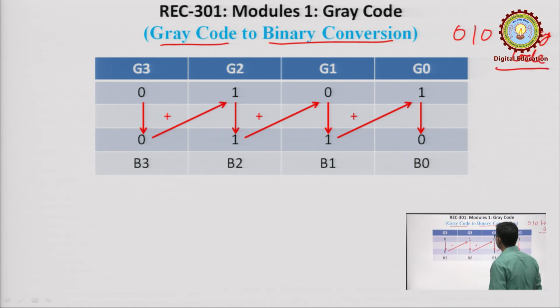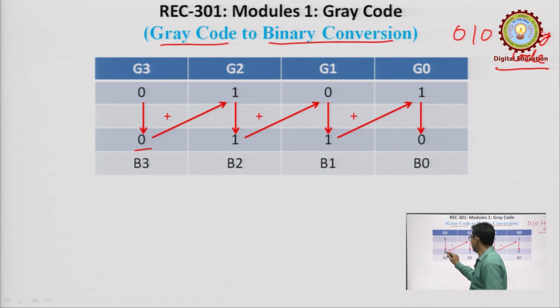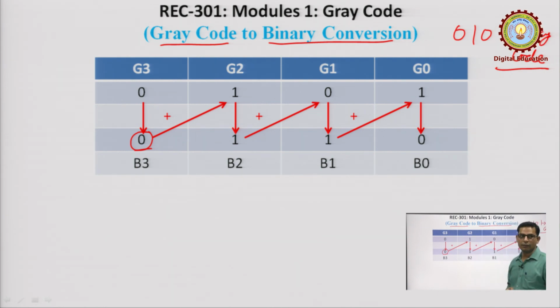okay. So, 0101. As per the rules, G3 will be copied as it is, and this G3 will go to the next bit of the gray code to be added. So, 0 plus 1, we know 0 plus 1 is equal to 1. This one will be added to the next bit of the gray code. So, 1 plus 0 is equal to again 1, and this is 1.